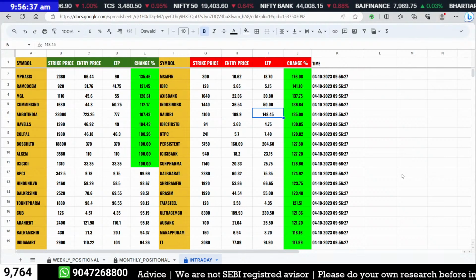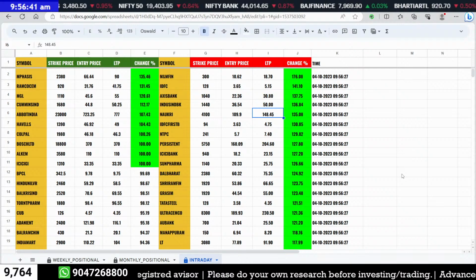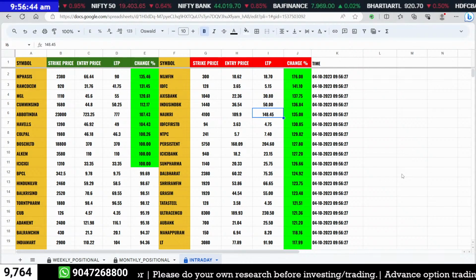Again, a momentum 18.7 for an investment bank. Persistence.